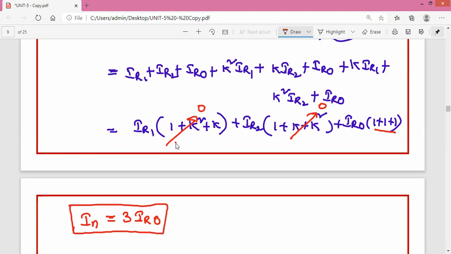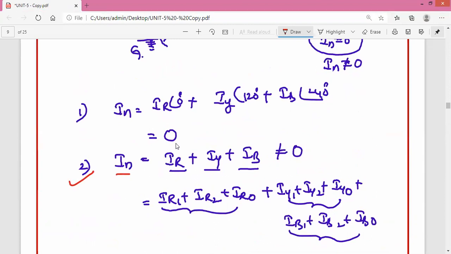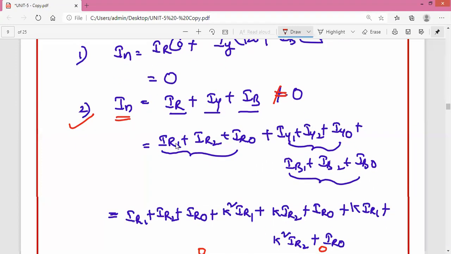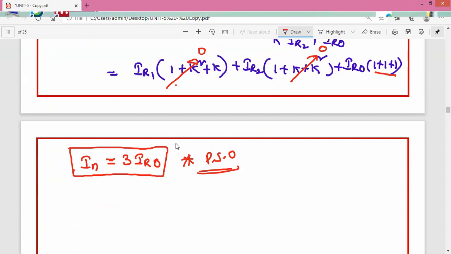What is this zero representing? The zero sequence component. So when the system becomes unbalanced, the neutral current, we said earlier, is not equal to 0. But after calculating with respect to the symmetrical components, the magnitude of current flowing through the neutral is equal to 3 times IR naught. Very, very important for the public sector examinations. So the neutral current is 3 times IR naught, the zero sequence component.